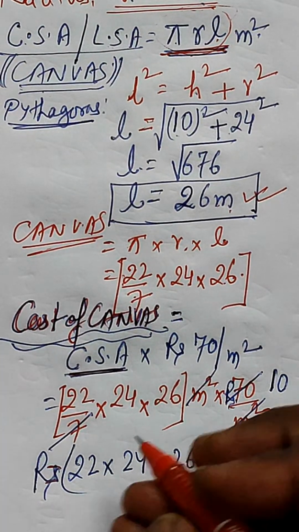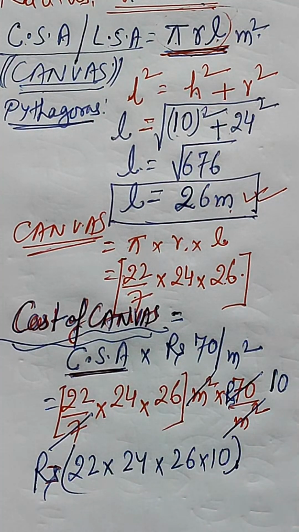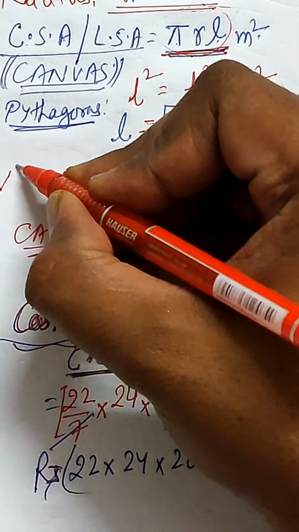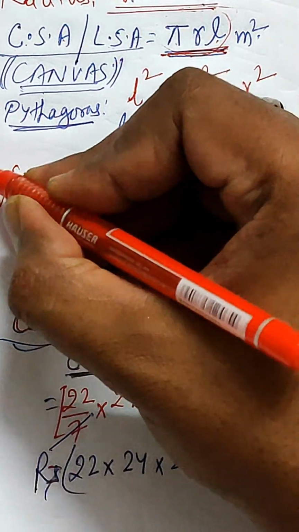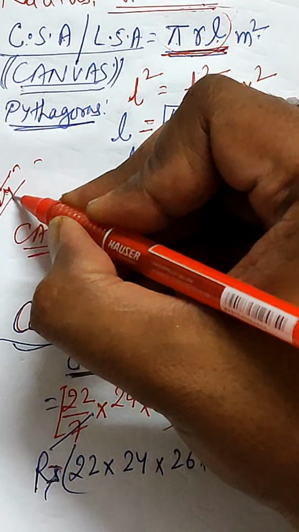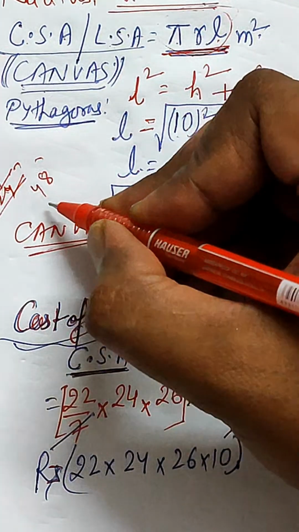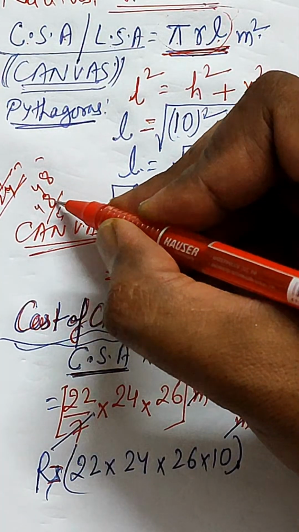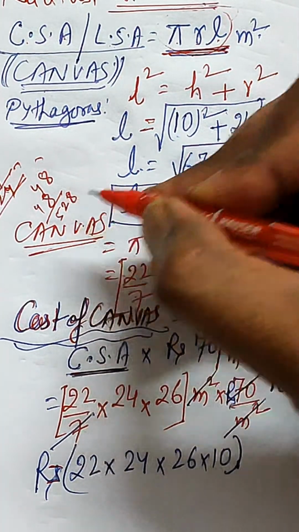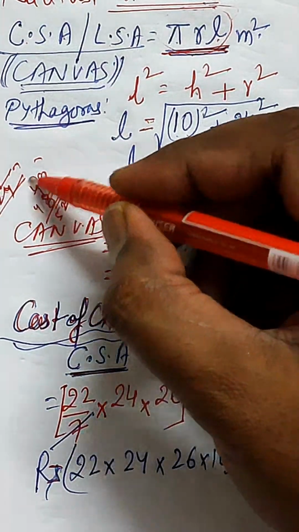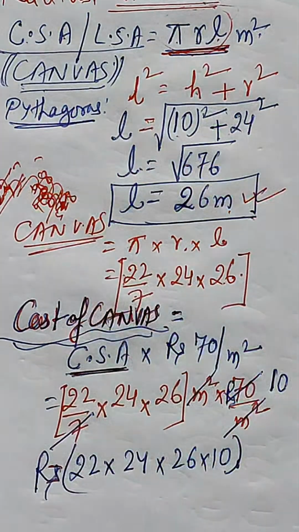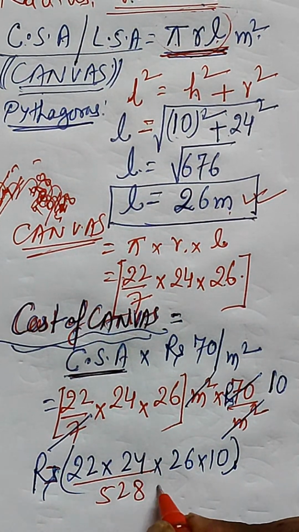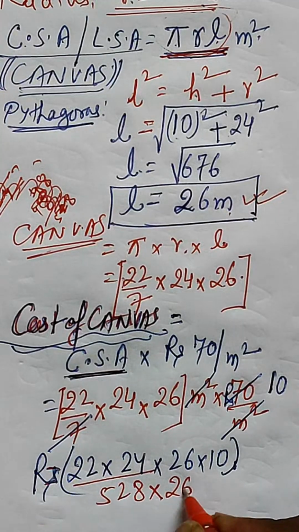So just solve it. 22 into 24, how much? 22 into 24 is 528. So 22 into 24 is 528, multiplied by 26 into 10.